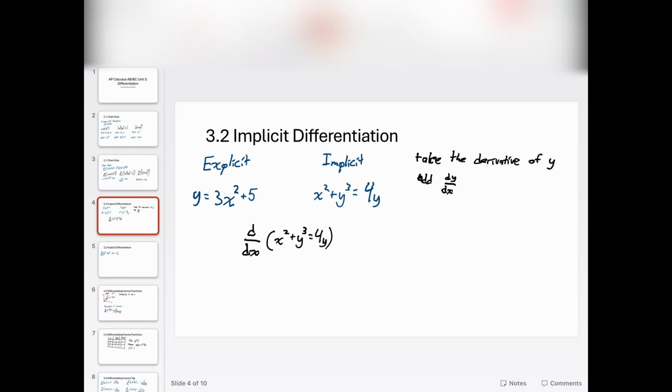So looking at this example, you take the derivative of x as normal, so that becomes 2x, plus taking the derivative of y gets you 3y squared times dy dx, and then that is equal to 4 dy dx. You can also write dy dx as y prime, if that's easier.